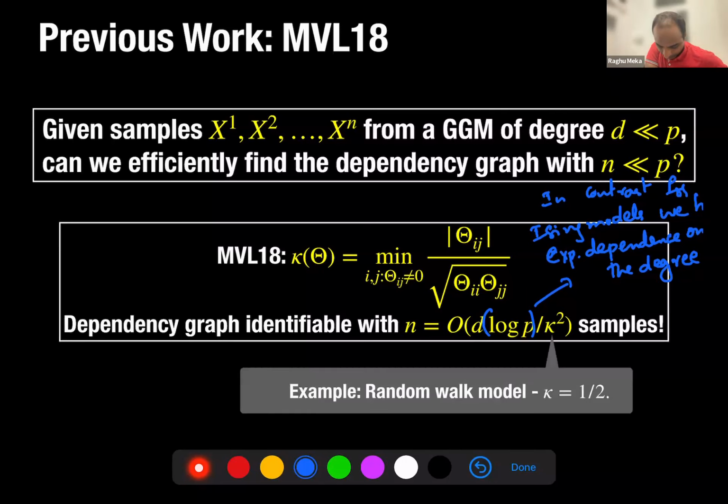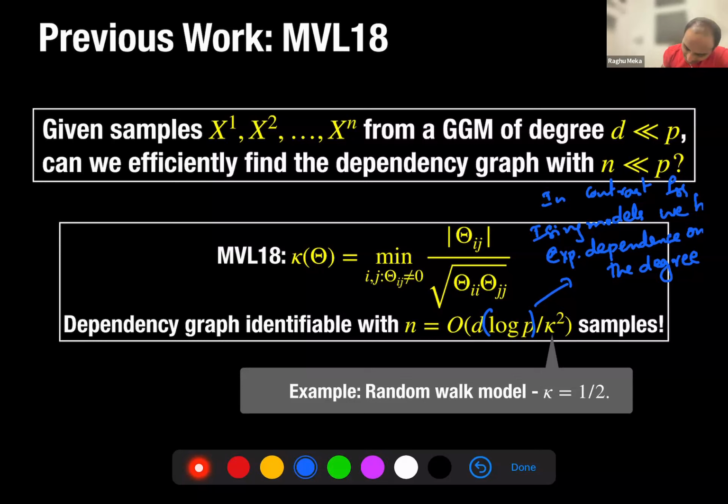As I said, the pairwise correlation is fairly small. For the random walk example, the kappa is half and the degree is 2. So information theoretically, you should be able to learn the random walk example, even if you don't know the order, with only log p many samples.